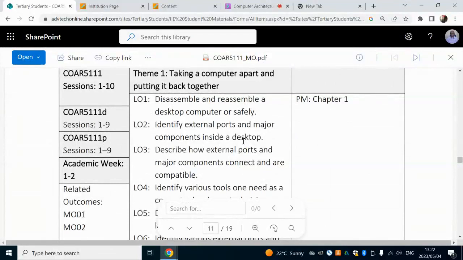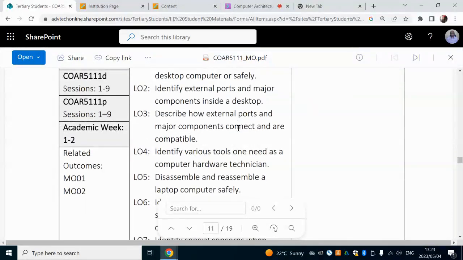In other words, if I look at each of these learning outcomes, I should be able to have some notes on each of them. How to assemble, disassemble, they covered that in the assignment. So I should learn that from the assignment. External and internal ports were also covered in the assignment. It can also be tested in the test and in the exam.